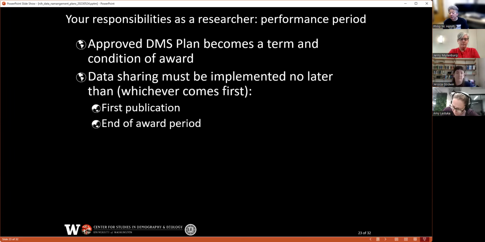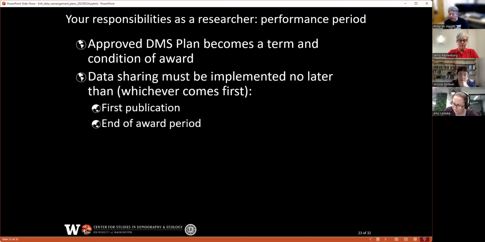And the data sharing must be implemented no later than, whichever comes first, your first publication or the end of the award period. In some projects I've been working on, they try to get a publication out within the first or second year about some of the methods development.